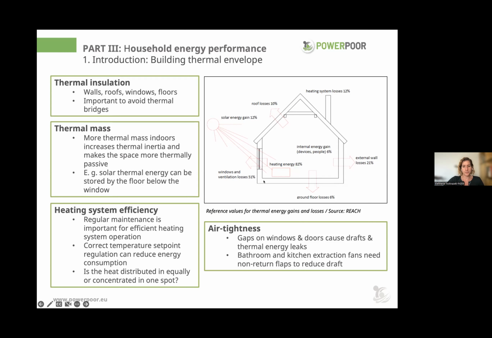So we need to understand if, for example, it is a home built of stone or of wood. This creates much difference in the way this envelope reacts to the movement of thermal flows.